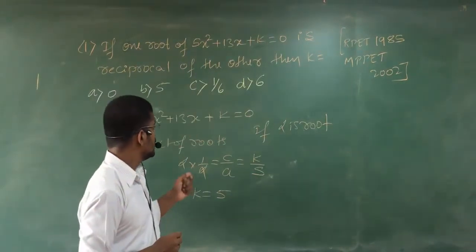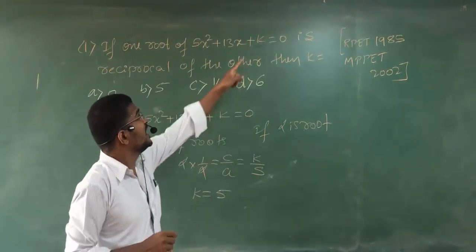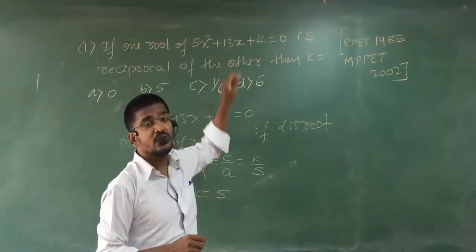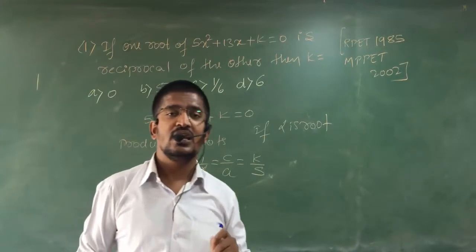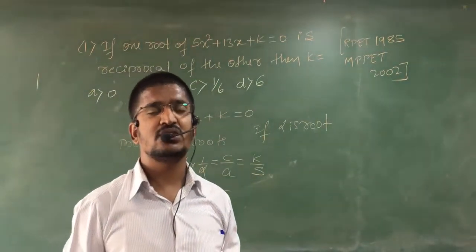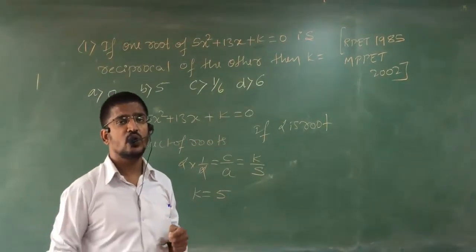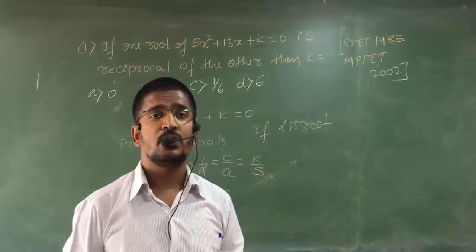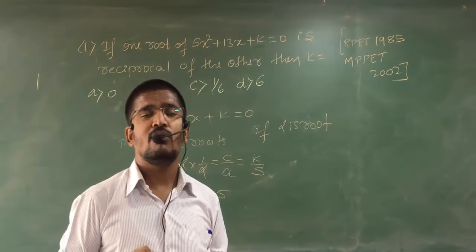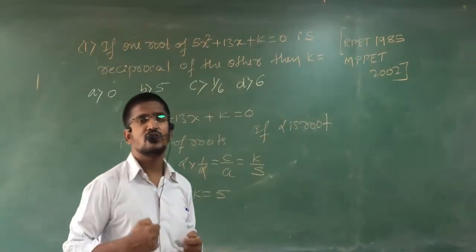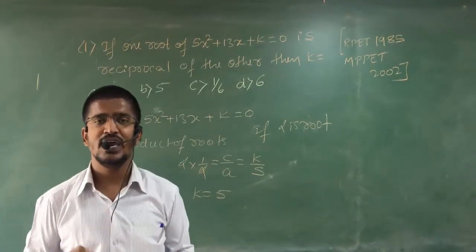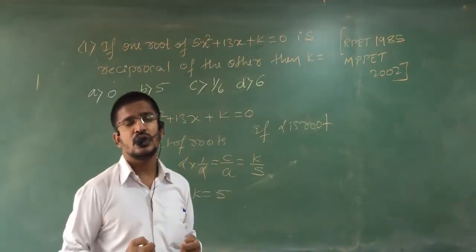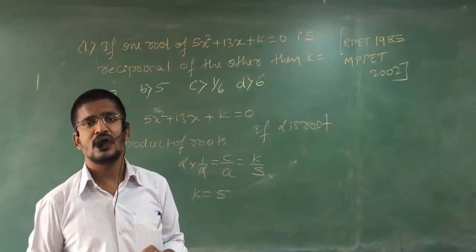Clear? Here we know the product, because k is in the form of the product. In the form of the sum you have 13. That means the a value is 5, the b value is 13, the c value is k. So we already know that if the algebraic equation is given, the product of the roots will be c by a and the sum of the two roots will be minus b by a. So here they have given that alpha is one root and the other will be 1 by alpha.